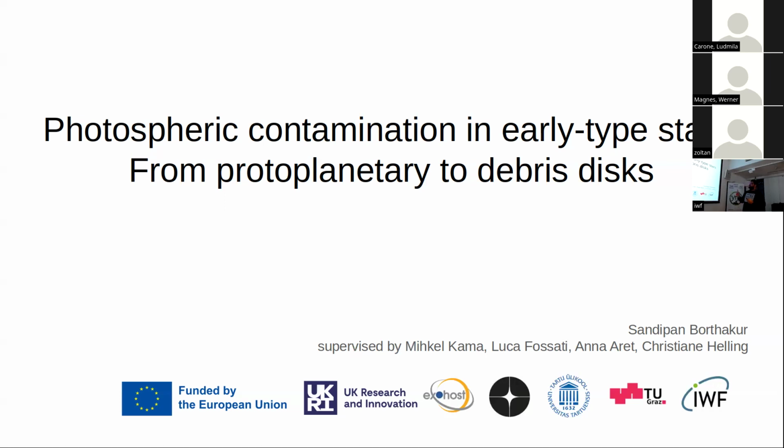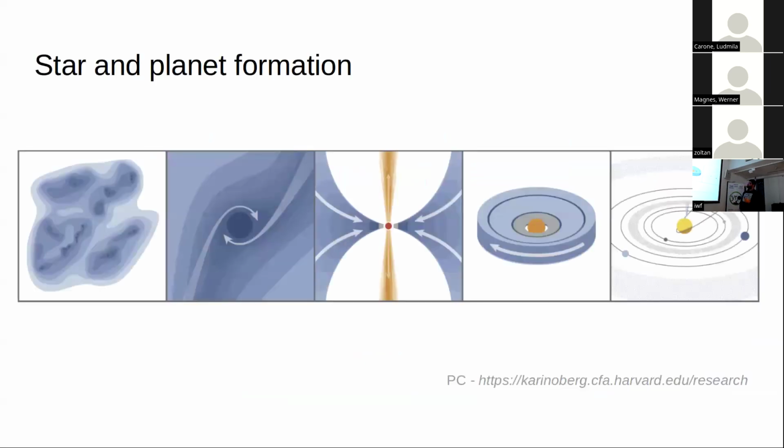Before we start talking about that, just a very brief intro. Most of the stars form in these molecular clouds, quite giant, and at each of these points, these black dots, are the stars where it collapsed.